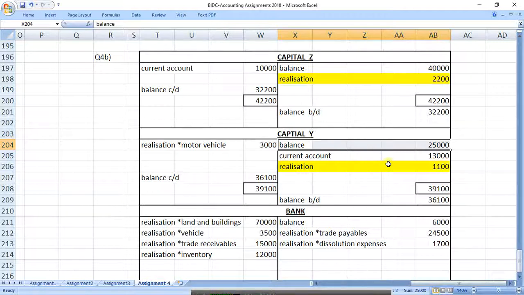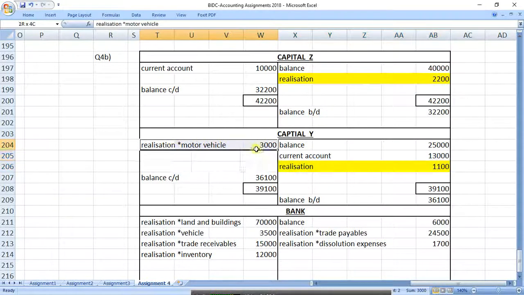Okay, then realization. Well, current account, then realization. Current account 13,000, realization 1,100. So current account and then? Realization 1,100. Okay, and then the other side.